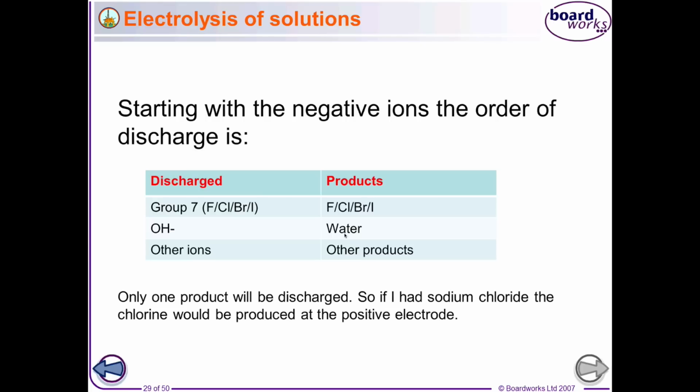And that's just a little rule to help you out. So the negative ions, if it's in group 7, will be discharged before the OH-, which is most of the cases that you'll get in the GCSE exam.